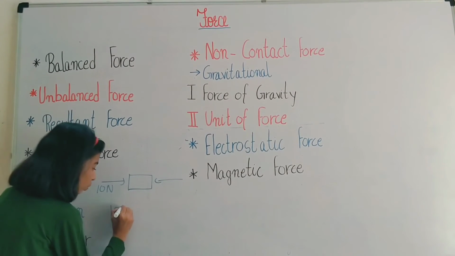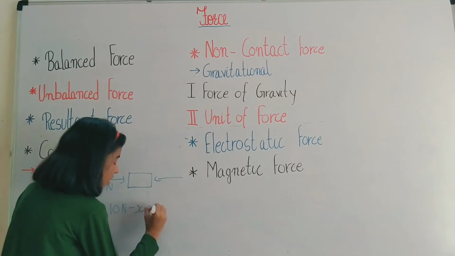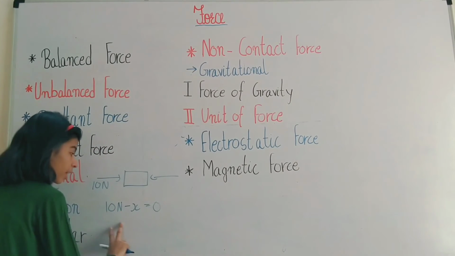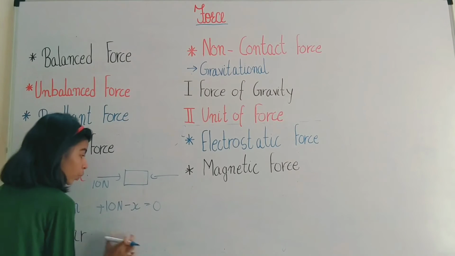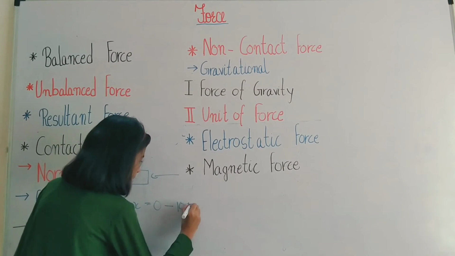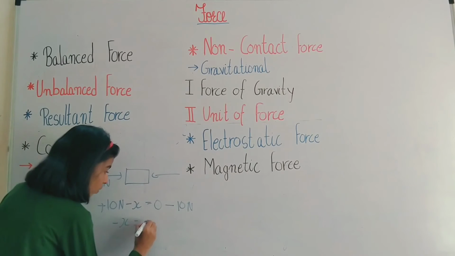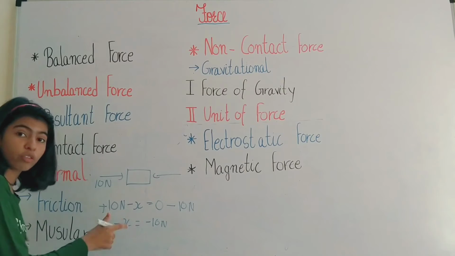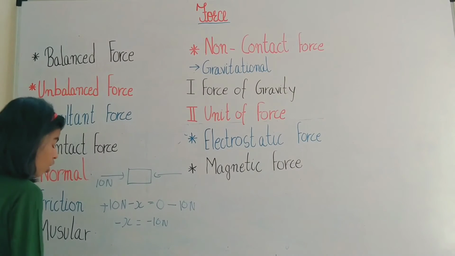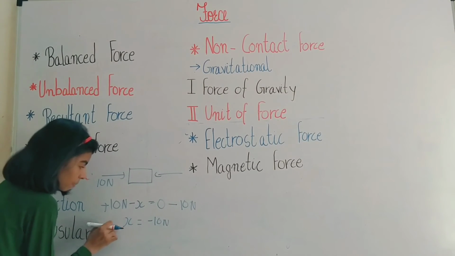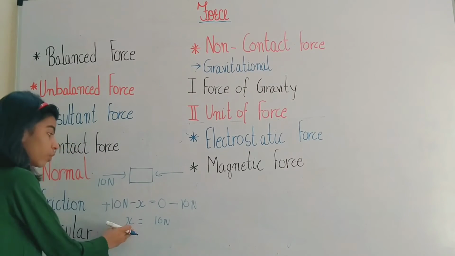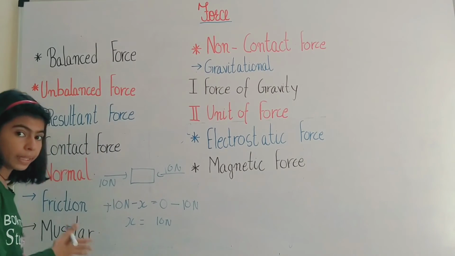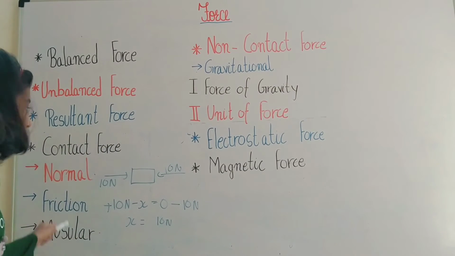So it will be 10 Newton minus x is equal to 0. If we take this 10 Newton from here, it is positive. From here to here, it will be negative 10 Newton. So minus x is equal to minus 10 Newton. We have to find out the value of x only, not minus x, so we cancel the minus from both sides. So we get x is equal to 10 Newton, which is the force applied from this direction. So it will be the balanced force.